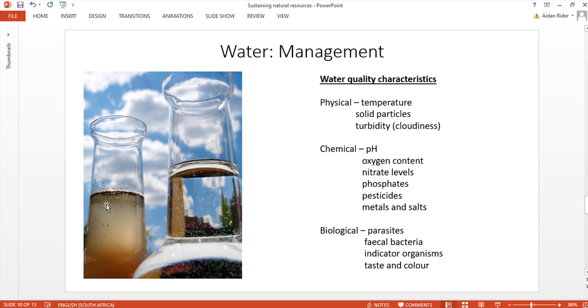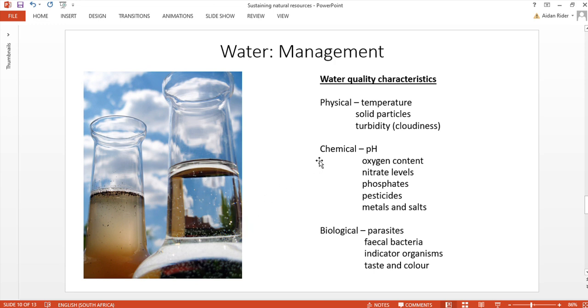In this case, there's a lot of soil particles in the water, so we want fewer solid particles. Then turbidity refers to the cloudiness. In this case as well, this water sample is very cloudy. There's a lot of soil in there, but this one is clear. So the turbidity is better in this one.